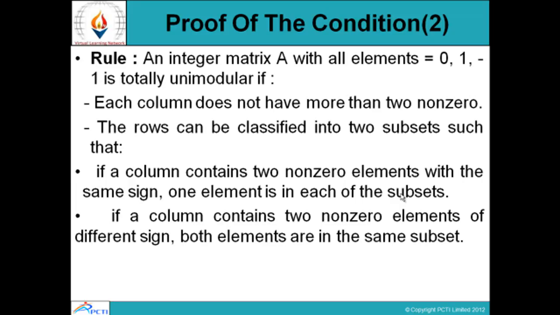Rules: an integer matrix A with all elements equal to 0, 1, minus 1 is totally unimodular if each column does not have more than 2 non-zero elements. The rows can be classified into 2 subsets such that if a column contains 2 non-zero elements with the same sign, one element is in each of the subsets. If a column contains 2 non-zero elements of different sign, both elements are in the same subset.